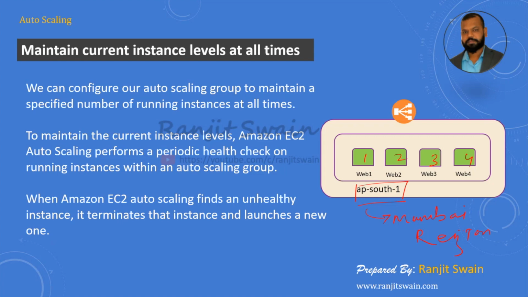We can configure our auto scaling group to maintain a specified number of running instances at all times. That means if you have specified 4, you will always get 4 servers. If any server goes down, auto scaling will automatically create another in that place.